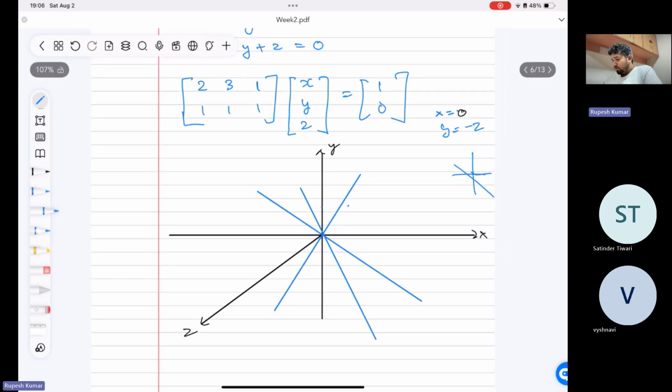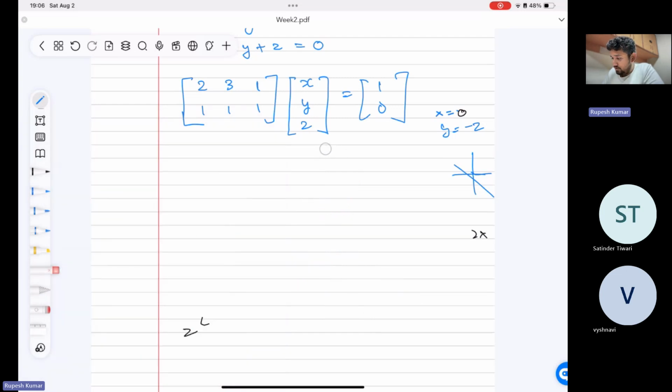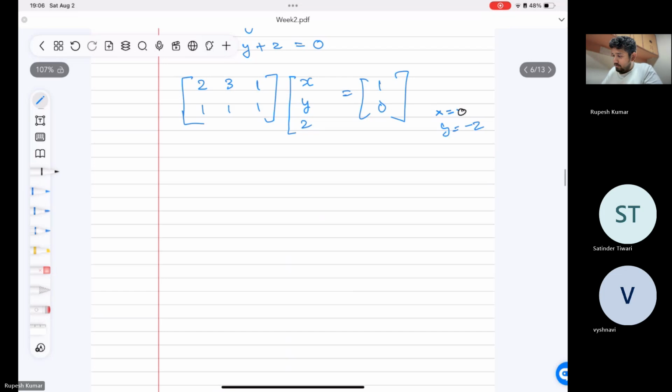Now, how to look into this solution? This is quite complicated, but let's make it simpler for visualization. How to understand the solution? Let's choose x equals 0 and try to find the number of solutions that we can get.